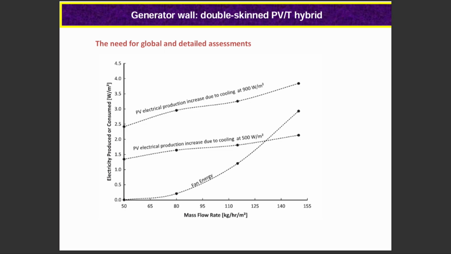So depending on the mass flow rate, of course, the more the ventilation is high, the more the electrical efficiency is high, but the thermal efficiency is low because you can't increase the temperature of the air too much.